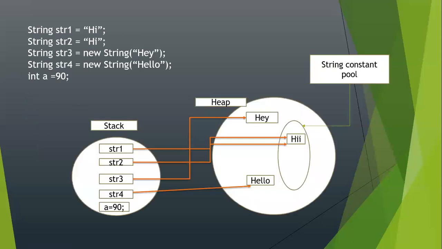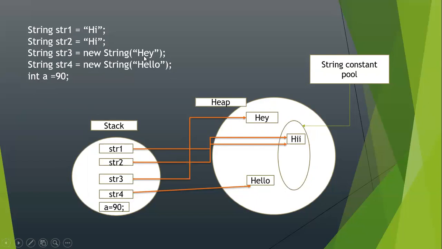Let's understand this with an example. Here we have declared two strings. String str1 equal to hi, str2 equal to hi. What will happen is that this str1 and str2 will point to the same value in the string constant pool, because we are just assigning the value to the reference.